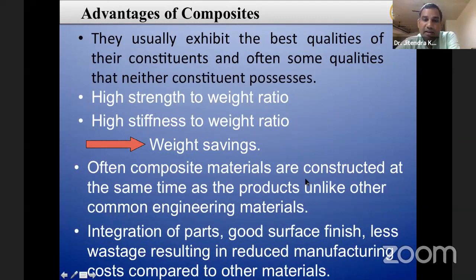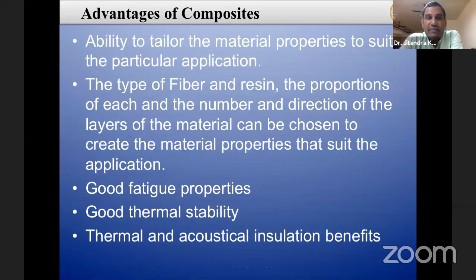Often the composite material and the product are constructed at the same time, unlike other common engineering materials. And due to this fabrication, this integration of the parts, you can achieve a good surface finish. From this you can reduce wastage, and you can also reduce the manufacturing cost in comparison to other materials.